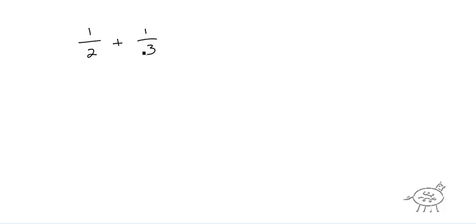Basically, you have to find your lowest common denominator, or LCD. Sometimes they say least common denominator. And the question is, what number does both 2 and 3 go into? What's the smallest number? That's what they mean by least common denominator. And so 2 goes into 6 and 3 goes into 6 evenly. So 6 is the smallest number they both go into. That is my LCD. Okay?